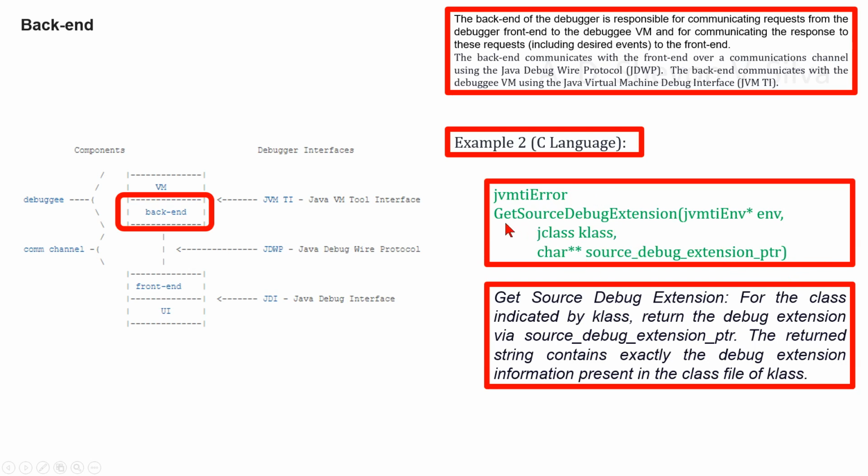GetSourceDebugExtension: for the class indicated by klass, return the debug extension via source_debug_extension_ptr. The returned string contains exactly the debug extension information present in the class file of klass.